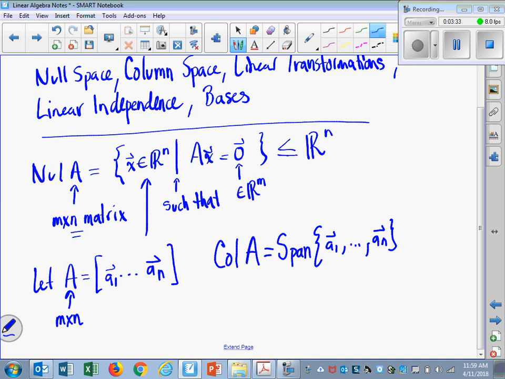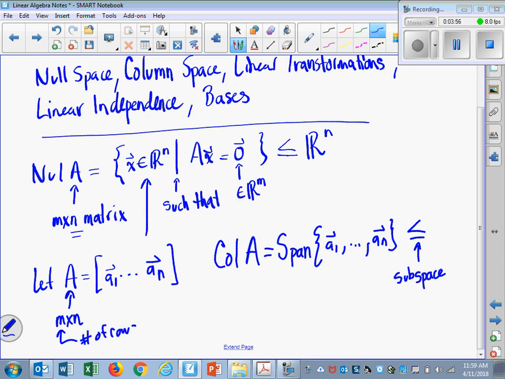So you just take every possible combination of adding A1 through AN together, you get what's called the column space. And it's important to remember that the column space is a subspace. Remember, this less than or equal sign means subspace of, now you have a choice here. It's either Rn or Rm. So which one's it going to be? Well, notice that the number of rows of the matrix A is m. So this is the number of rows.